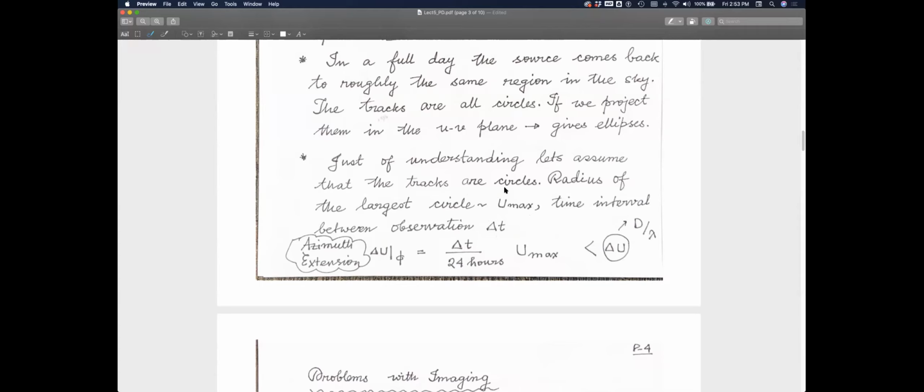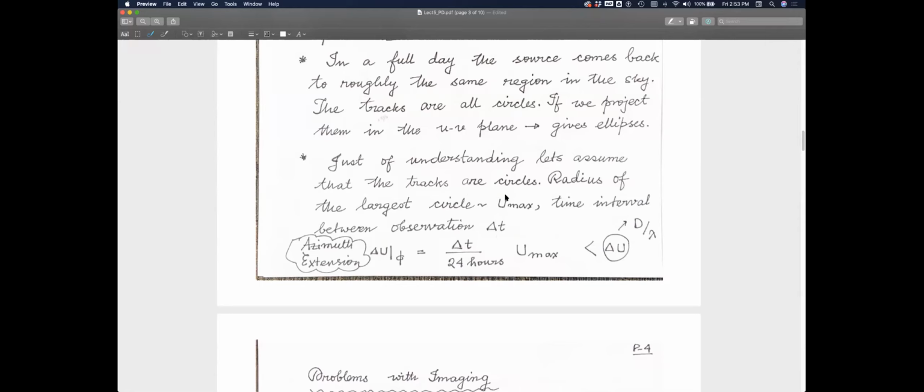So let's remember these three things. And let us assume that, as I said, the baseline vector makes an ellipse in the UV plane. Let's assume for simplicity that it's a circle with a radius of Umax.